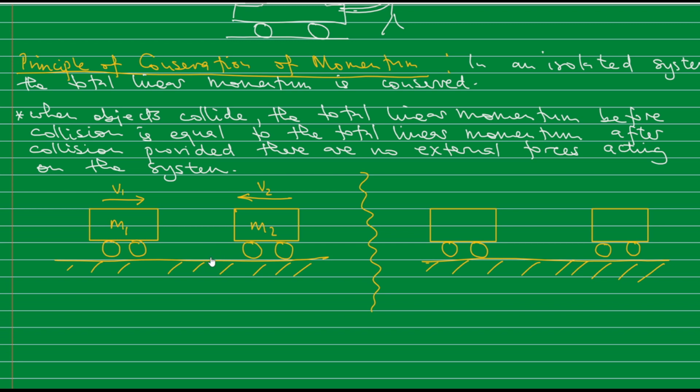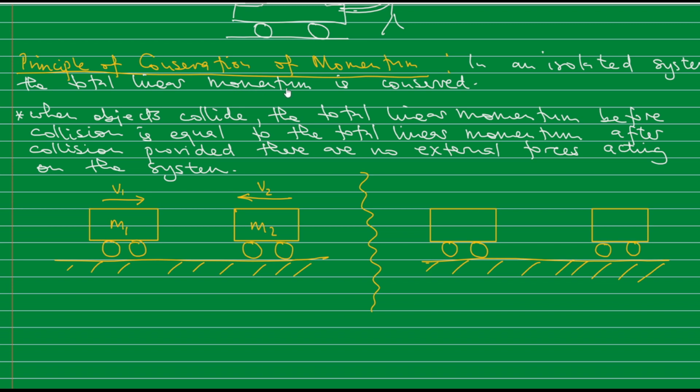Now, assuming that these two trolleys are moving in a straight line, that is a linear momentum. So what the principle of conservation of momentum is stating here is that as they are moving towards each other in a straight line, we can add up their momentum.